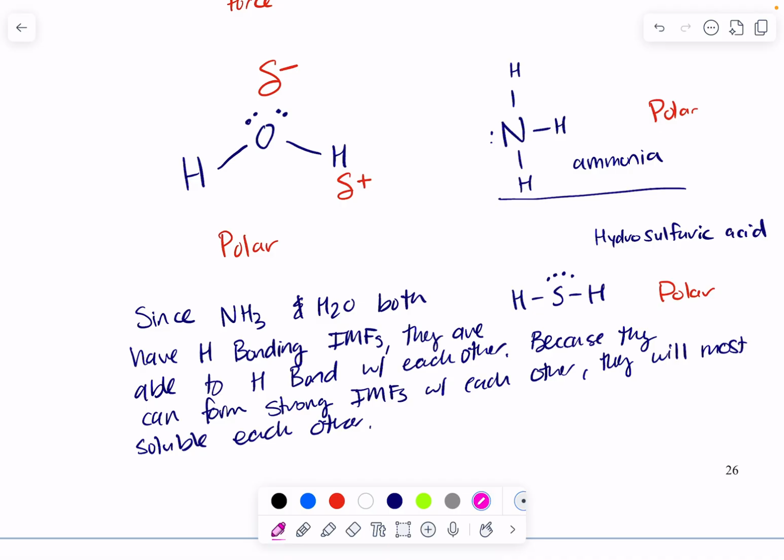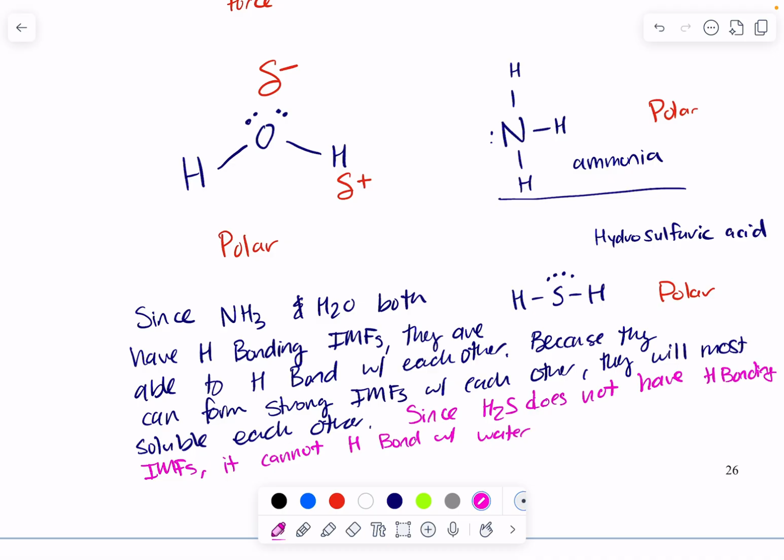Then I'll change it to pink because I'm going to now talk about H2S. Since H2S does not have H-bonding IMFs, it cannot H-bond with water and can only form dipole-dipole forces with water.